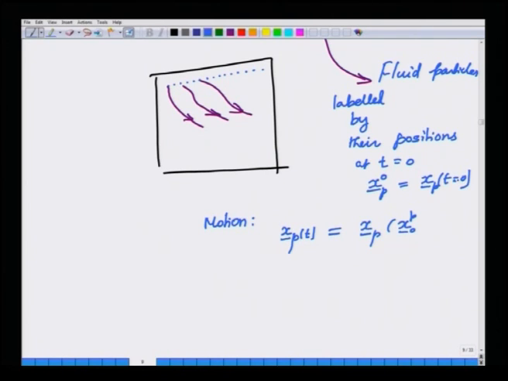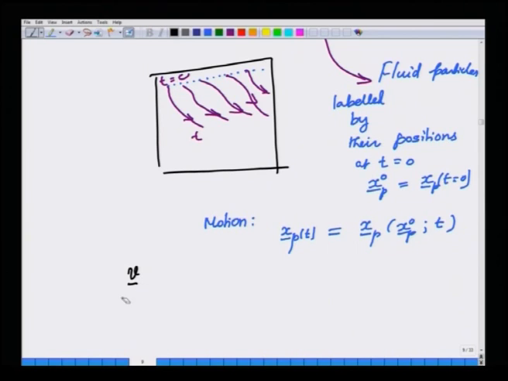Again, we will have the superscript 0 and time. Each point here moves in a specific way, and after a time t, the trajectories of all these points, in principle an infinite set of points, are known. Once they are known, you can compute quantities such as the velocity of a fluid particle.